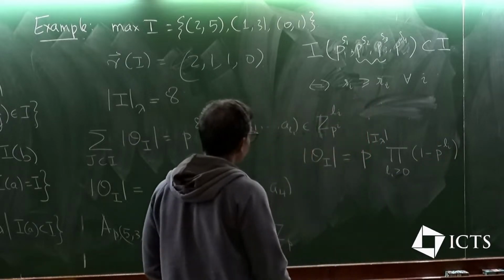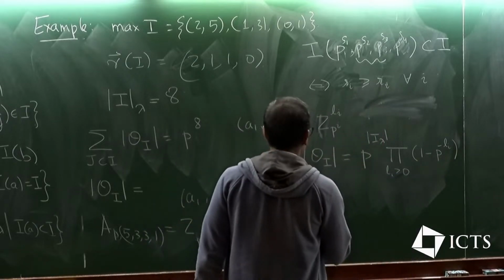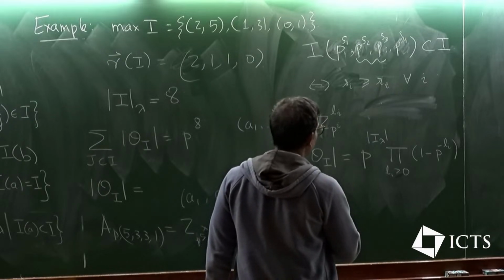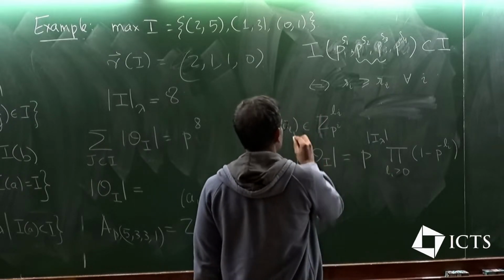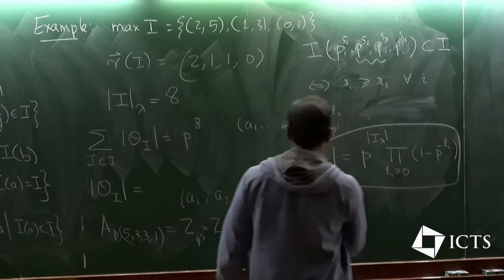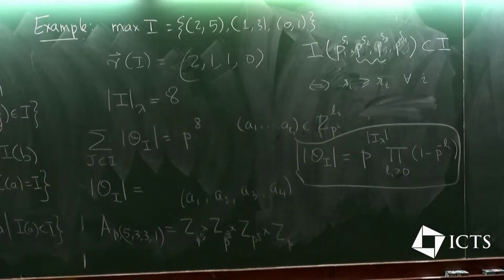So what we get is a closed formula for the orbit cardinality.